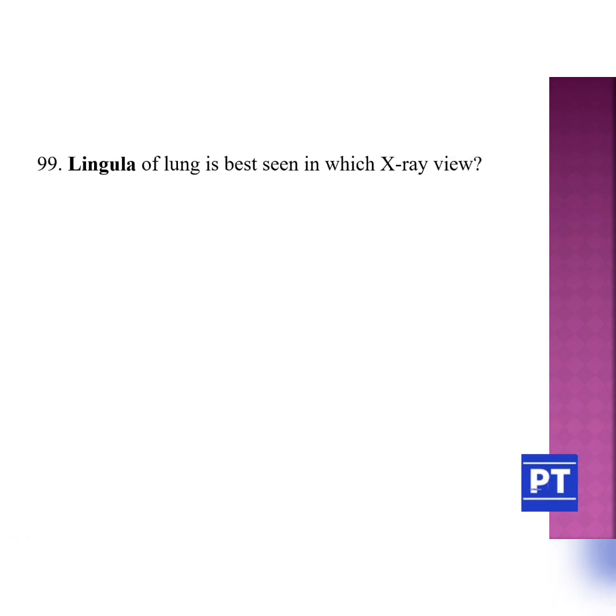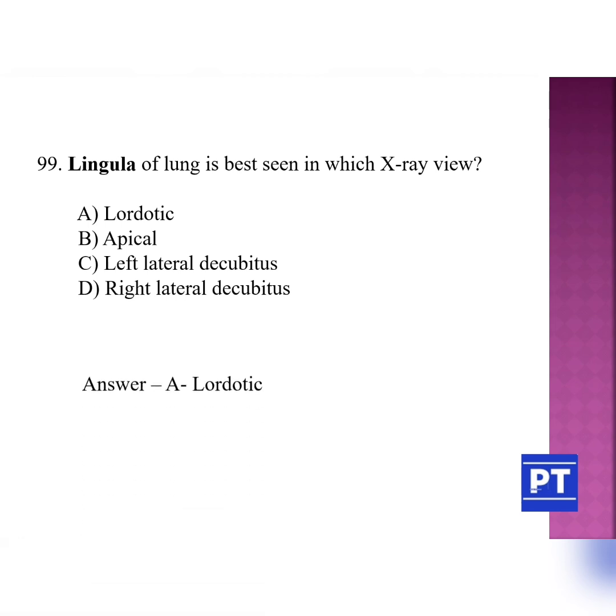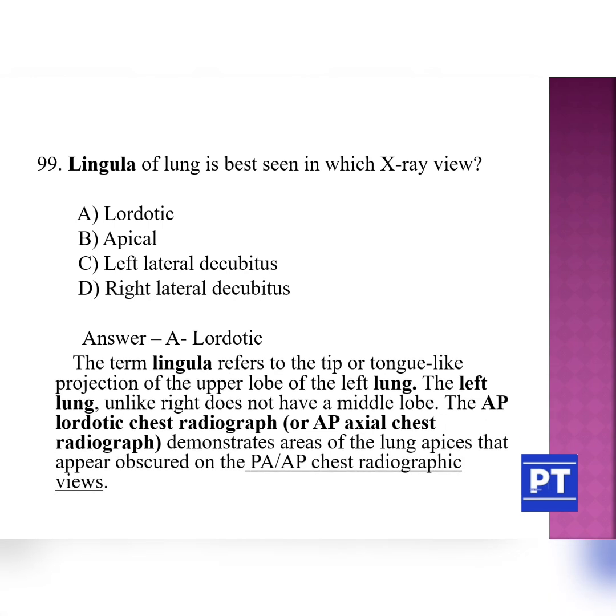Question number 99. Lingula of lung is best seen in which X-ray view? Option A lordotic, option B apical, option C left lateral decubitus and option D right lateral decubitus. The answer is option A, lordotic. The term lingula refers to the tip or tongue-like projection of the upper lobe of the left lung.